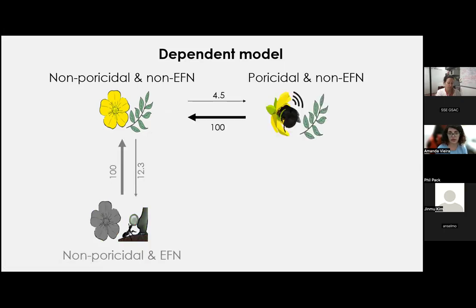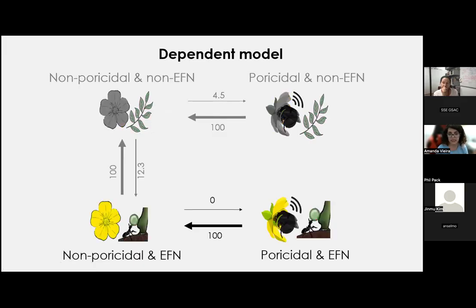Regarding poricidal anthers, we have here the evolution of poricidal anthers in plants without extrafloral nectaries. So there's a low chance of plants gaining poricidal anthers, but there's still a chance, but there's a higher chance of plants losing the trait. And this is a really cool result.